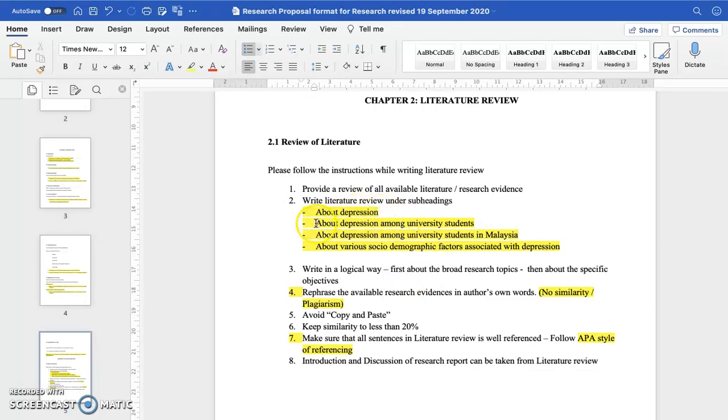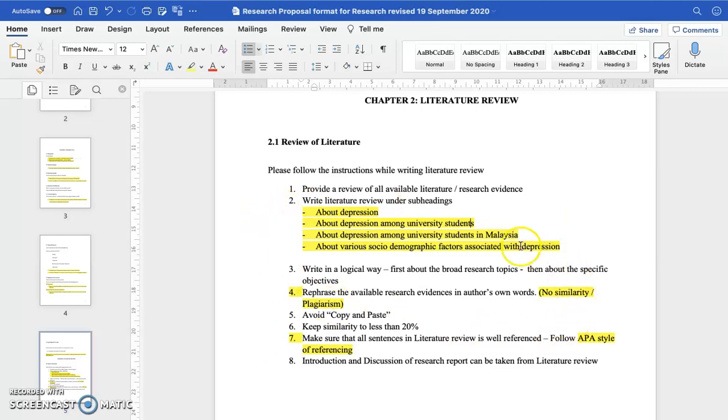Then you have to write about depression among university students. You have to write that depression is a major problem among university students. Depression is linked with various risk factors like financial risk factors, academic stress, and many other factors like habits such as alcohol use and drug abuse. Then third, you can write about depression among university students in Malaysia.